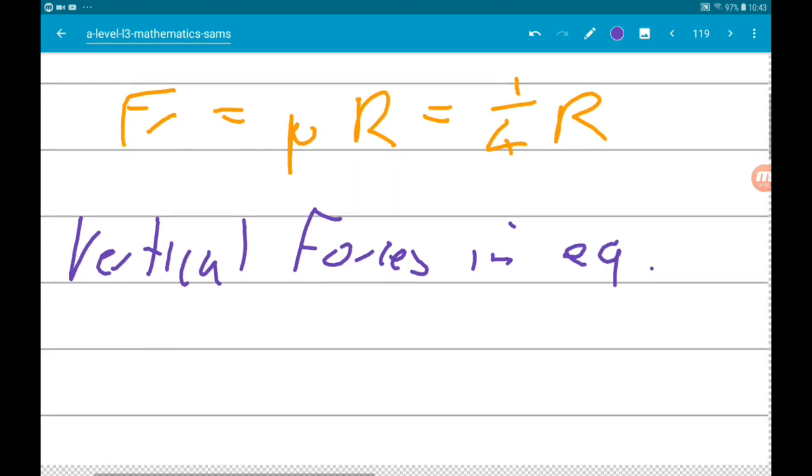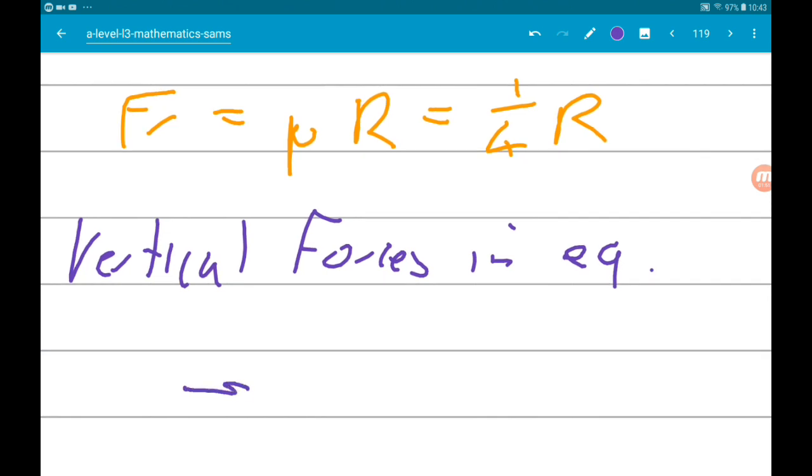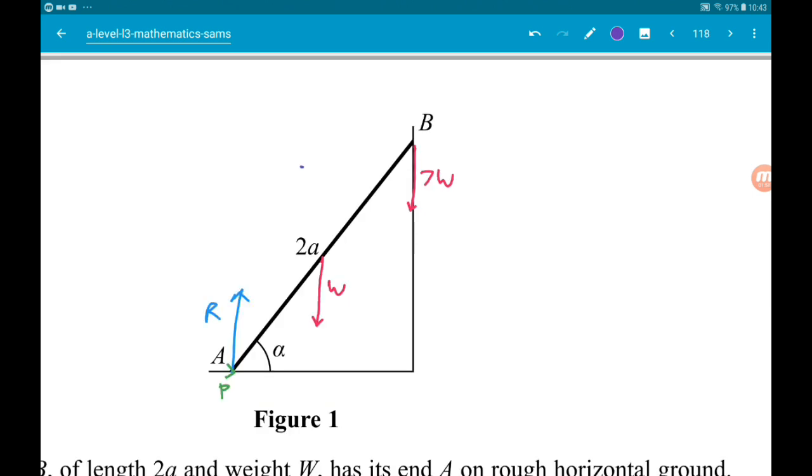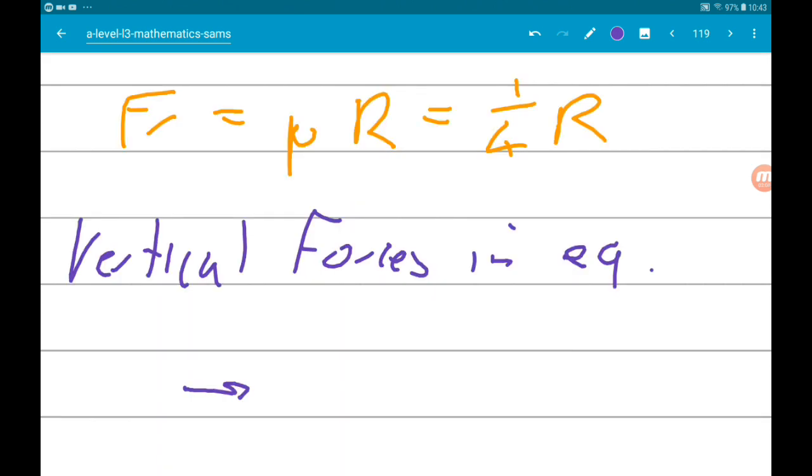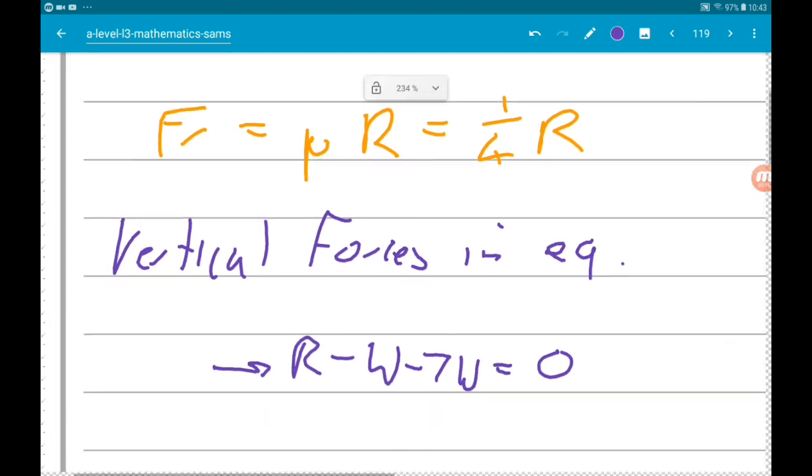That means then that R minus W minus 7W is equal to 0. So R is 8W.